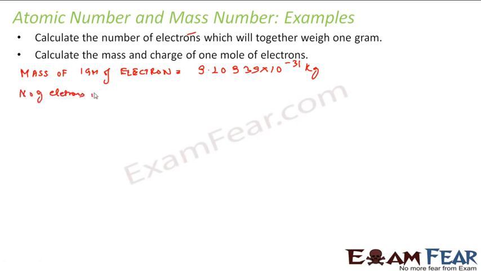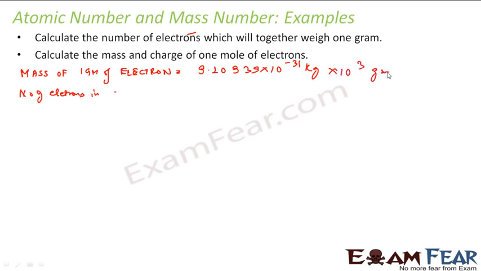1 gram of electron is this number of electrons, how much we have in 1 gram. See, this many kg is equal to 1 gram. Or this kg, what I can do is I can write in gram also. I can multiply with 10 to the power 3.